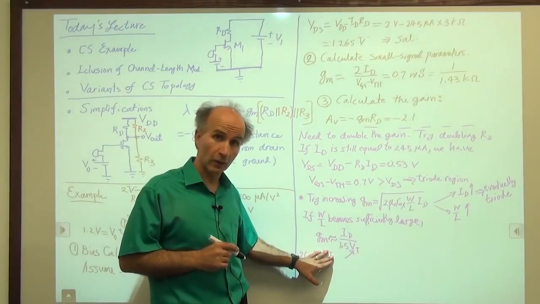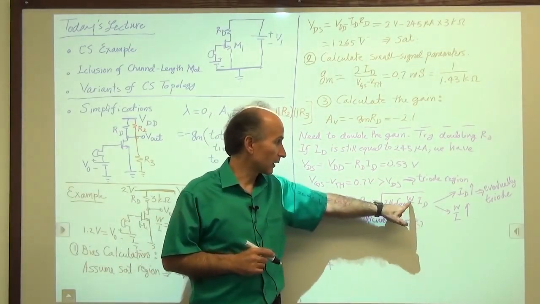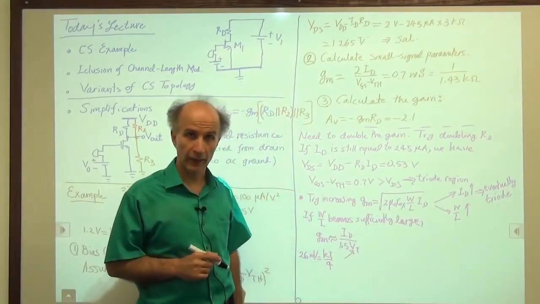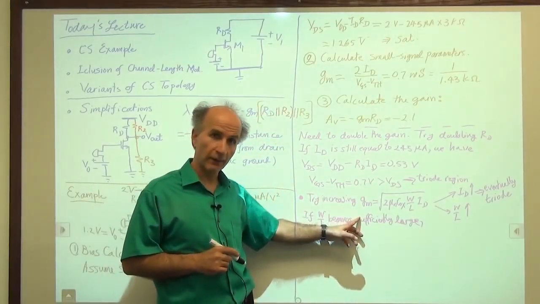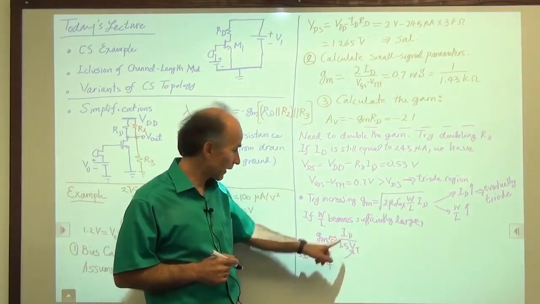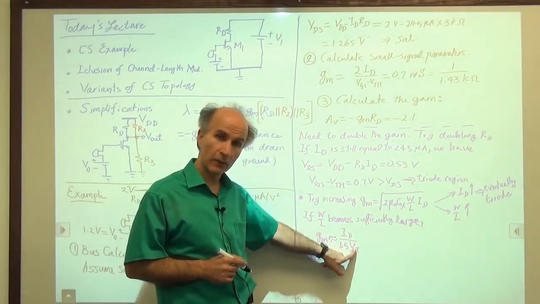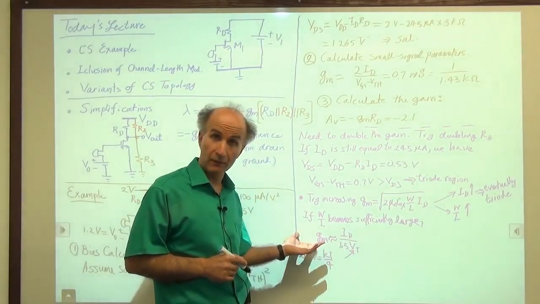But you should know that for a MOSFET, if we keep ID constant and increase W over L, GM does not go up indefinitely. It is eventually limited by this. So if ID is 245 microamps and VT is 26 millivolts, you can calculate how much GM we can get eventually.